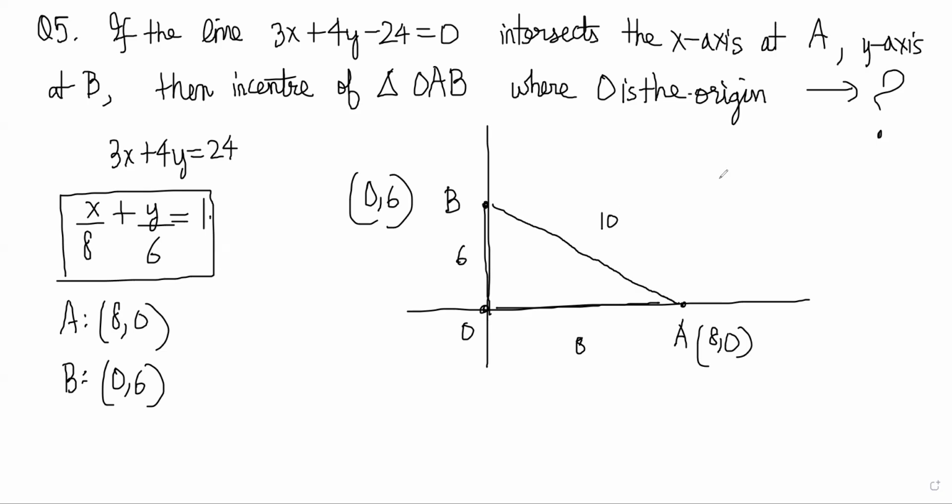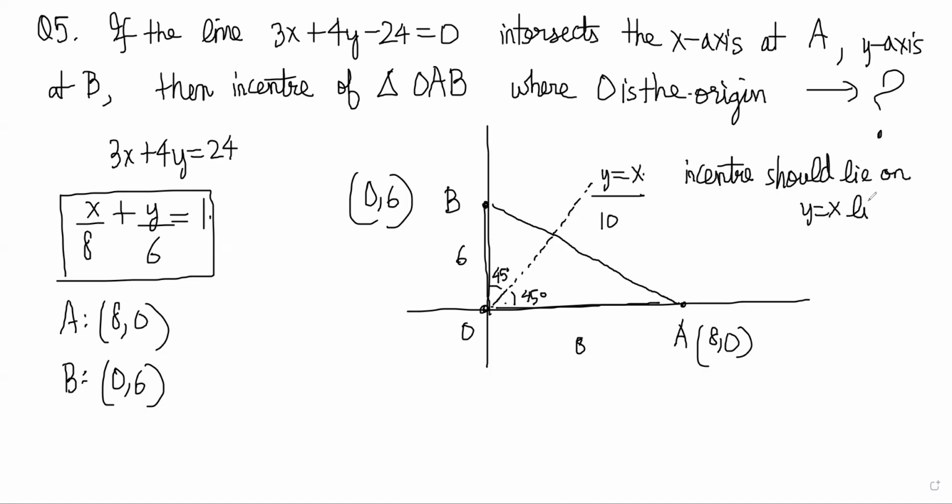And what is the incenter? Incenter will be the point of intersection of the angle bisectors, right? One angle bisector will be like this, dividing the right angle into 45 degrees and 45 degrees. So this line is y is equal to x. So the incenter should lie on the y is equal to x line, right?